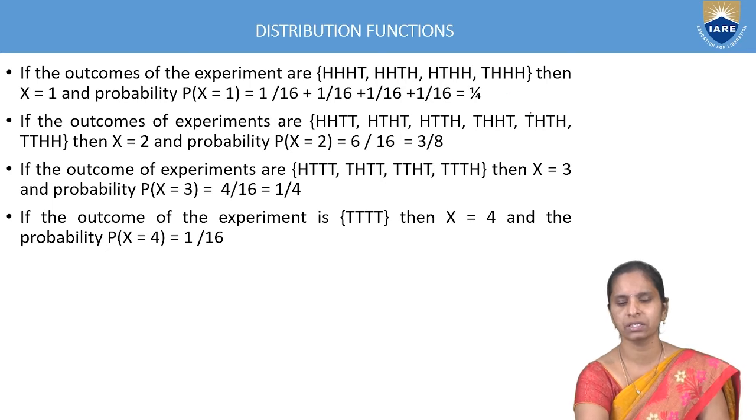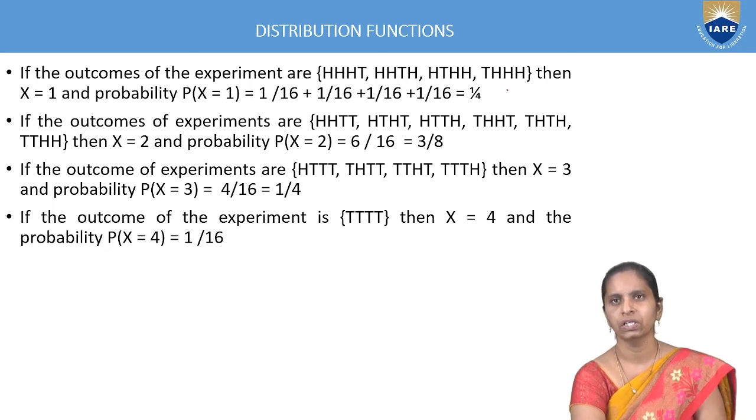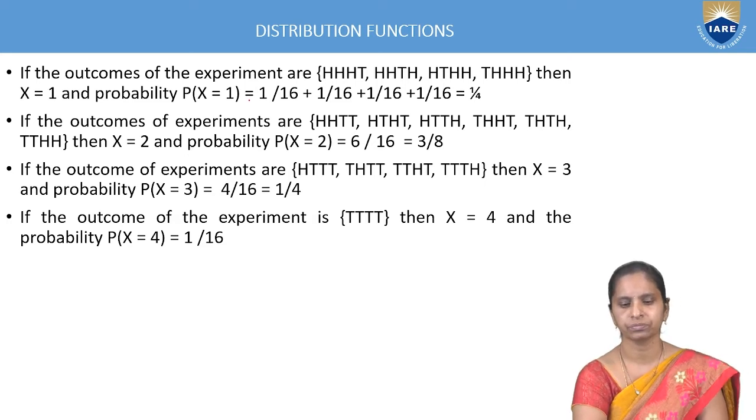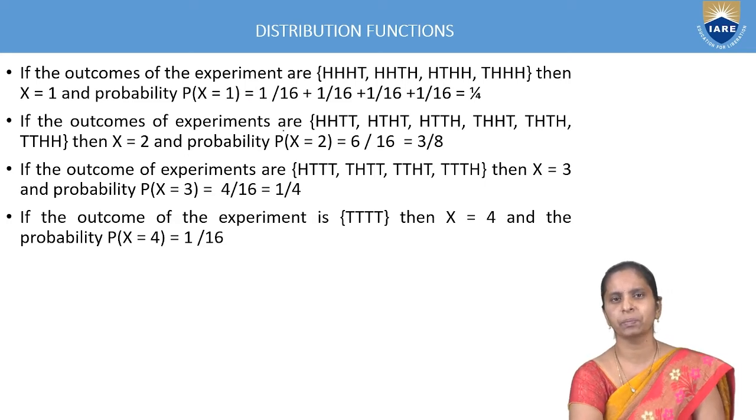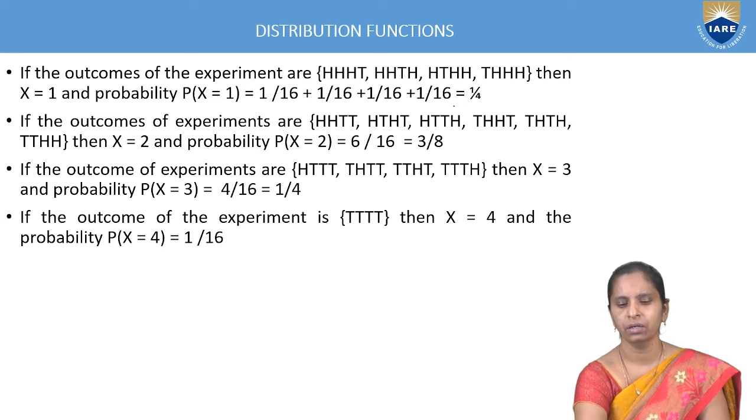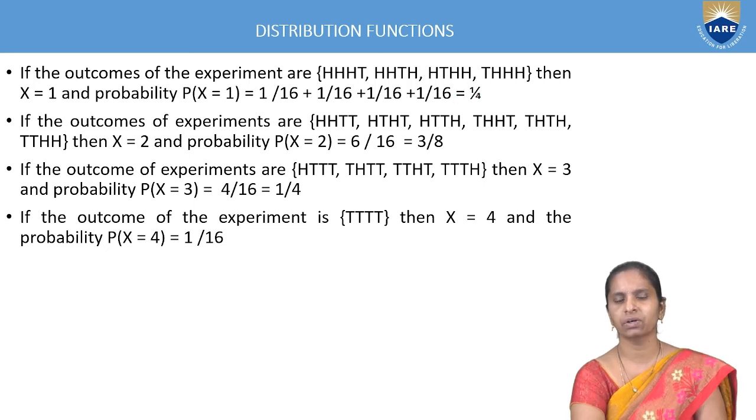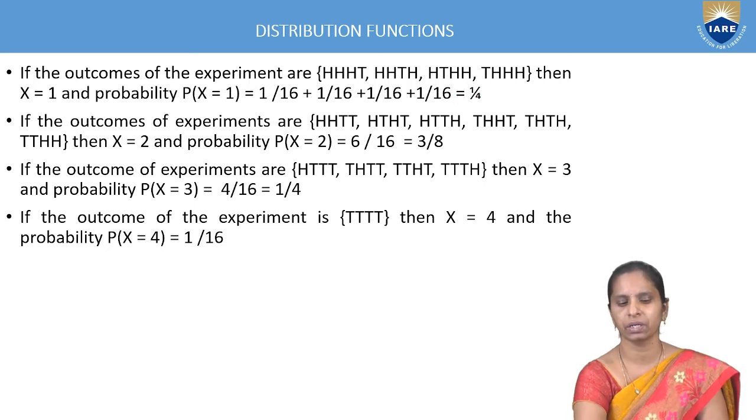How many possibilities here? 1, 2, 3, 4. So out of 16 possibilities, my favorable outcomes are 4. Therefore P of x equals to 1 is 1 by 16 plus 1 by 16 plus 1 by 16 plus 1 by 16, nothing but 4 by 16. What is 4 by 16? Nothing but 1 by 4.